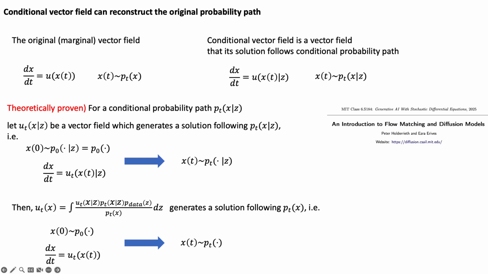So we learn the individual ones and then we merge them, and then it will be the original. That's the key message. Does it make sense?